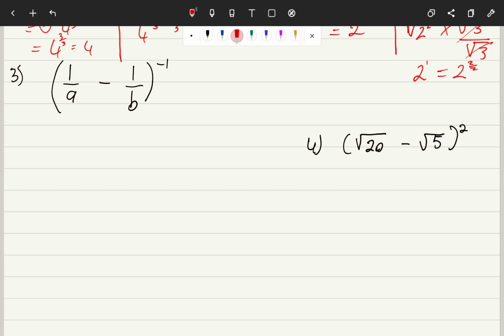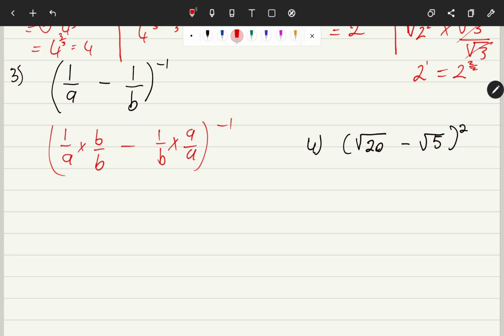You have 1 over a minus 1 over b, right? You can just try to make sure that you have the same basis. How do you do that? You say 1 over a multiplied by b over b, minus 1 over b multiplied by a over a, right?